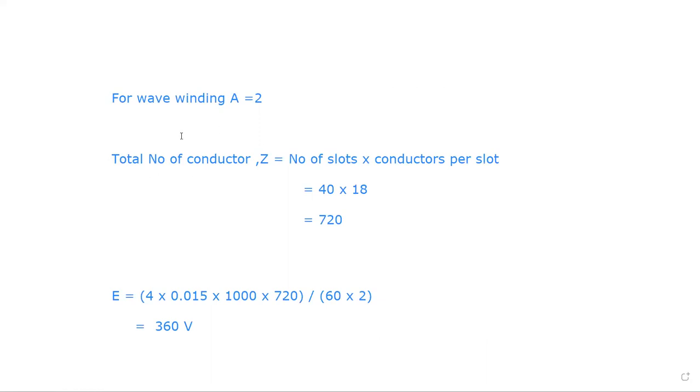So you can calculate the total number of conductors. They are saying the number of slots is 40 and conductors per slot is 18. This is simple mathematics, right? Guys, are you with me?